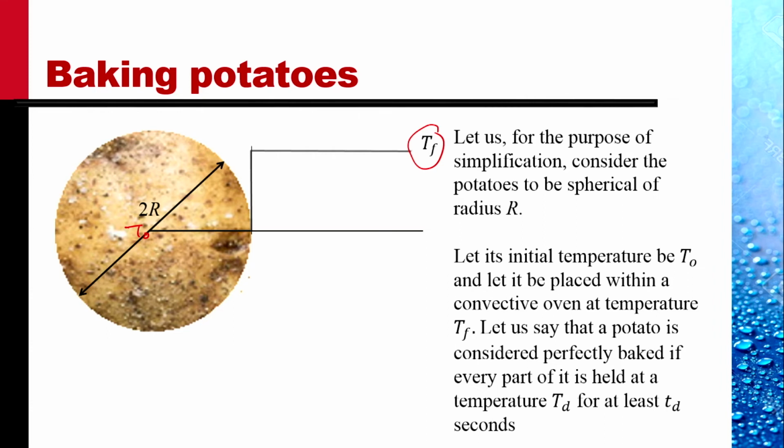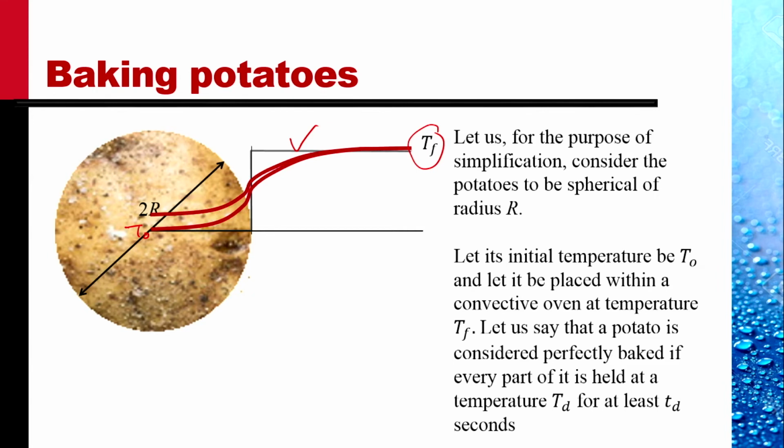Then after a little time, the temperature profile may look like this. The temperature at the surface would increase. There will be variation of temperature within the potato. At a very small time, the center of the potato may still be at temperature T naught, and the temperature in the boundary layer around the potato would look like this.